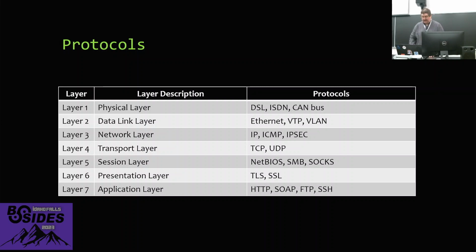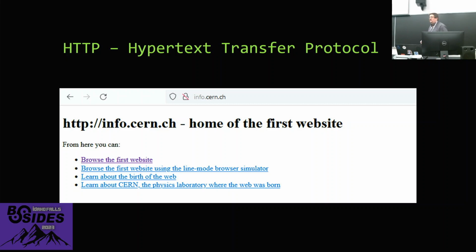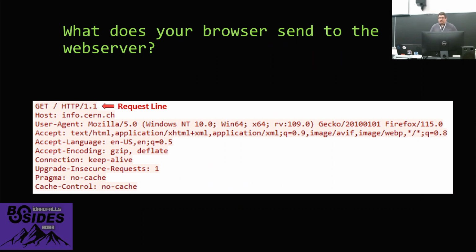So we're going to start with what happens when you go to your web browser and type in a website. You type in a website, the web page loads, and you actually see the web page. What does this look like on the back end? What is your web browser doing? To start with, it sends some code.